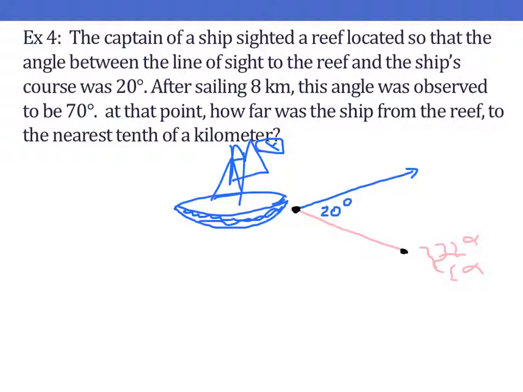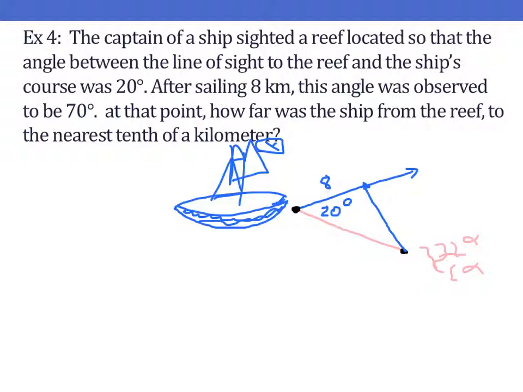Okay, so after the ship has sailed 8 meters, he's traveling along this way. After he's traveled 8 meters, he's looking back at that reef again. And we're going to draw a line there. So he's traveled 8 meters.